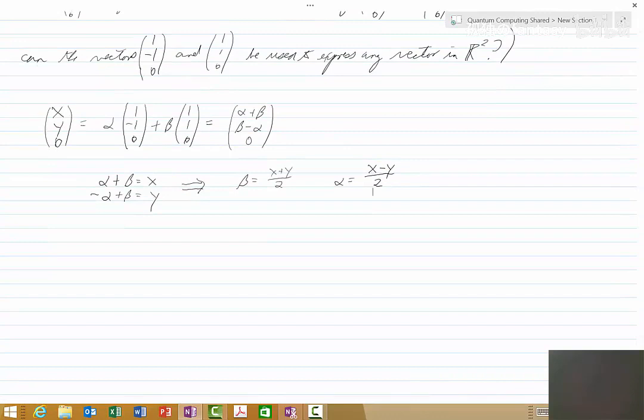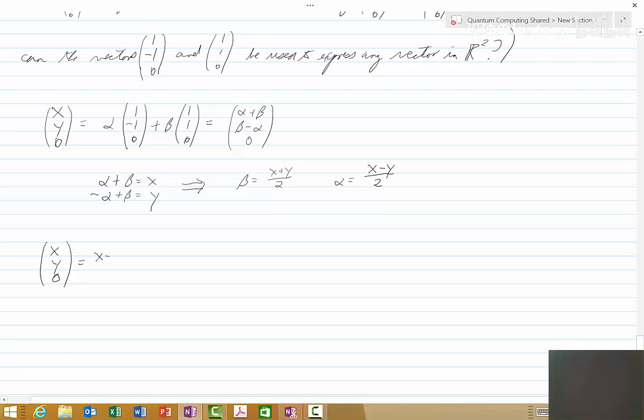Now let's check this to make sure. So we're saying that any vector x, y, 0 in R2 can indeed be expressed in terms of 1, -1, 0 and 1, 1, 0 in the following way.